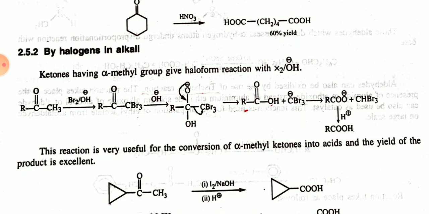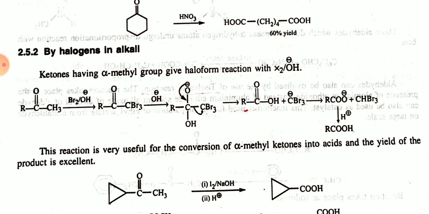Now in this transition state, the OH group combined with the carbon, and oxygen has a negative charge. Now the electron moves from the oxygen to carbon, and this C-Br3 bond will be eliminated. Now what you get is RCOOH and CBr3 negative. This is your compound.